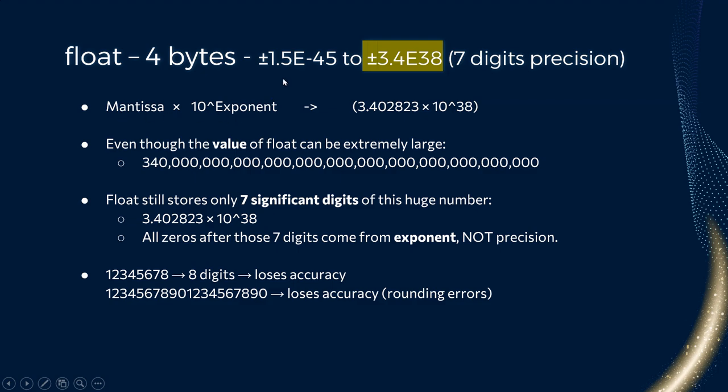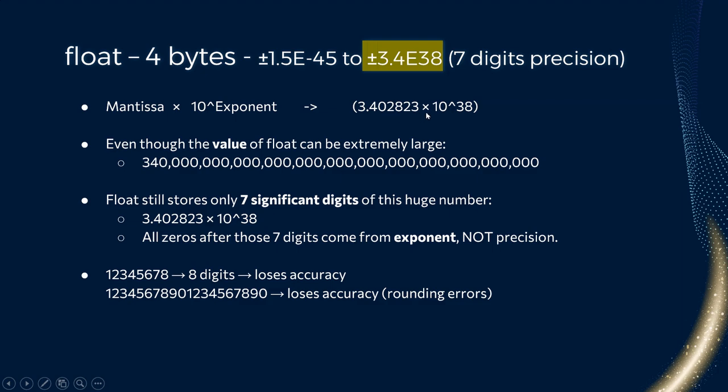The part before e, plus minus 1.5, is called the mantissa, and 10 to the power exponent is the e to the power minus 45, where e stands for exponent.